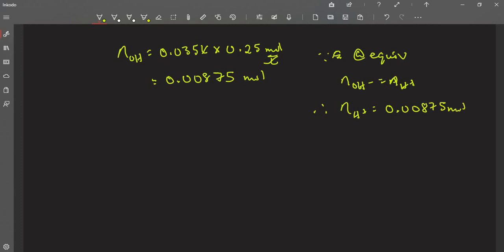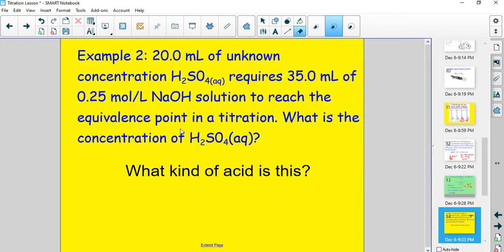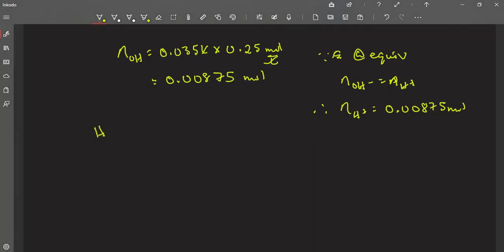Now we need to look at how this dissociates, because yes, we know the concentration of hydrogen ions, but we're not being asked for that. Instead, it's asking for the concentration of the acid, not just the hydrogen ions. So we have to take that into consideration. We know that this is going to dissociate in a 1-to-2 or 2-to-1 ratio, right? That looks like this.